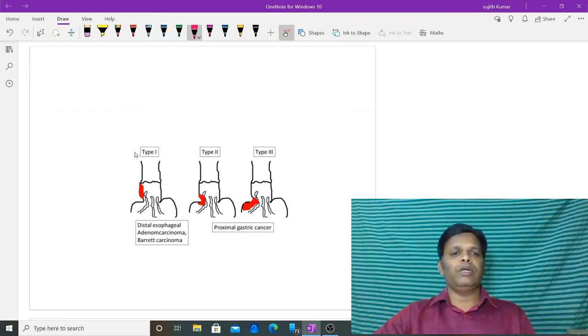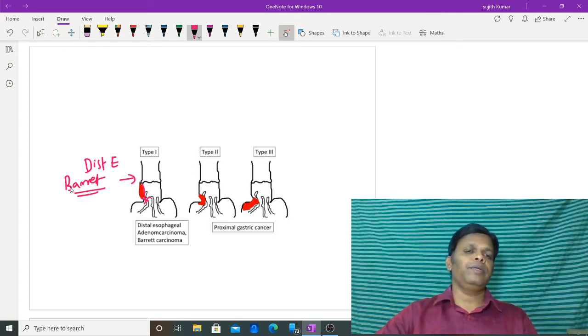There are types. Type 1 is a distal esophageal malignancy that is gradually extending into the OG junction, or else a malignancy arising from Barrett esophagus. These two are called type 1 lesions of GE malignancy.